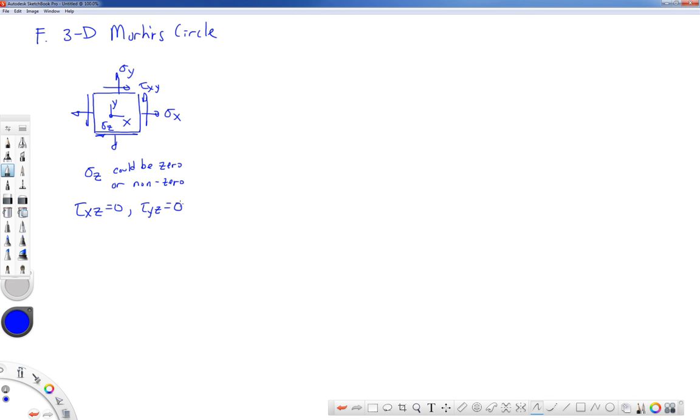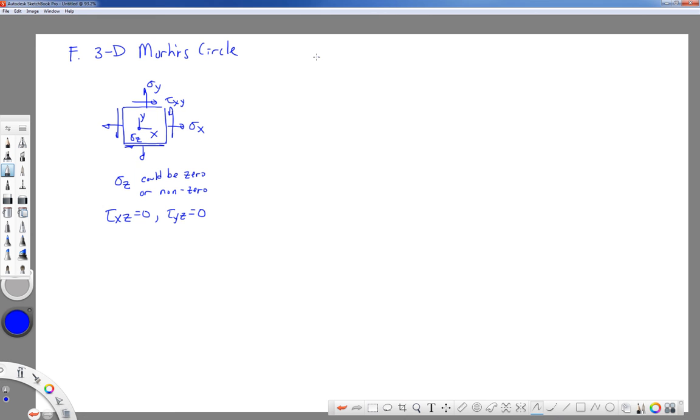So the first step in constructing what's known as a 3D Mohr circle is to simply make a 2D Mohr circle using the in-plane stress components, sigma x, sigma y, and tau xy.